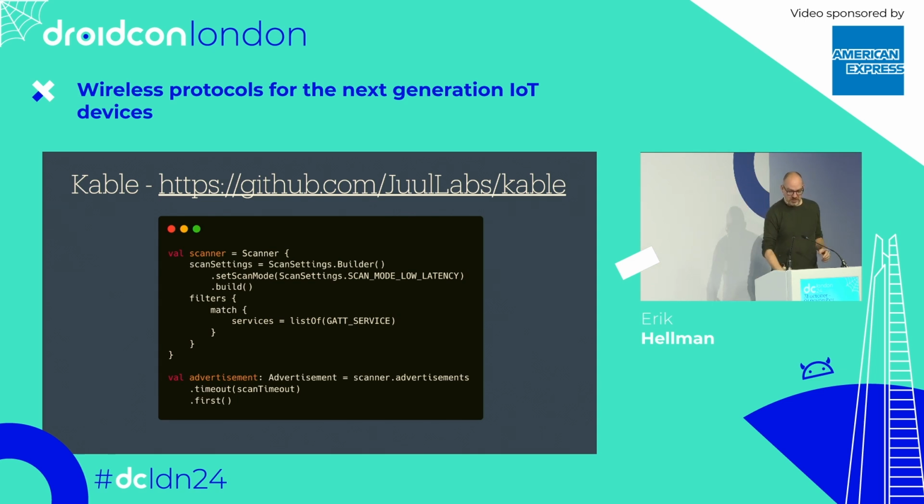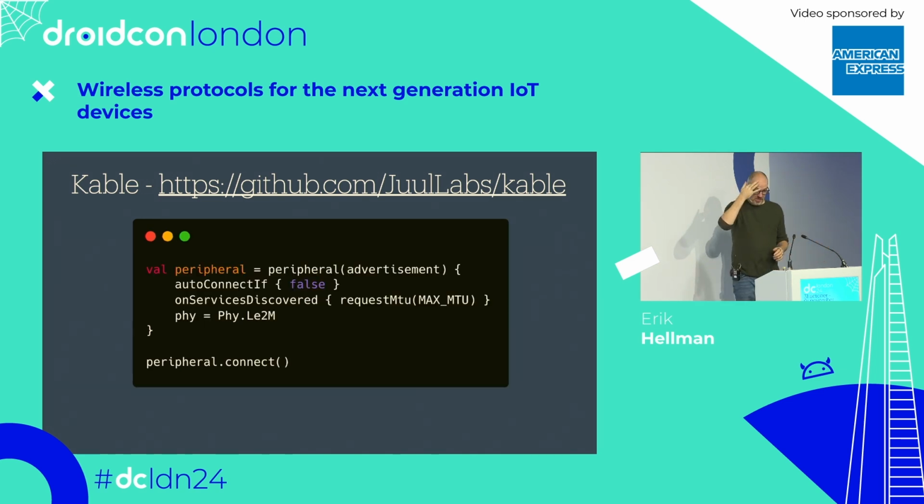Super simple. And the important part to take away here is the Android specifics when it comes to connecting. You can set up a peripheral once you get an advertisement from Kable. The three things to think about: you want autoConnect false. There is a lot of confusion about what autoConnect means. AutoConnect for Bluetooth Low Energy GATT communication on Android means that you tell the system, please do low power scanning in the background and connect once you find the device.